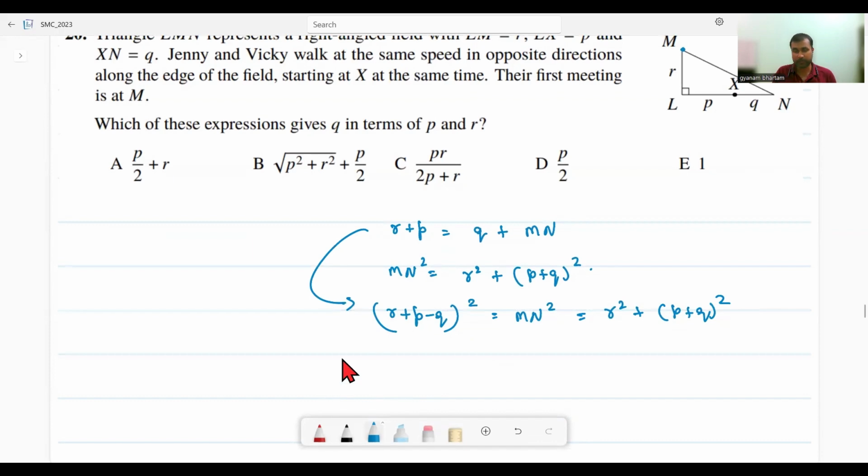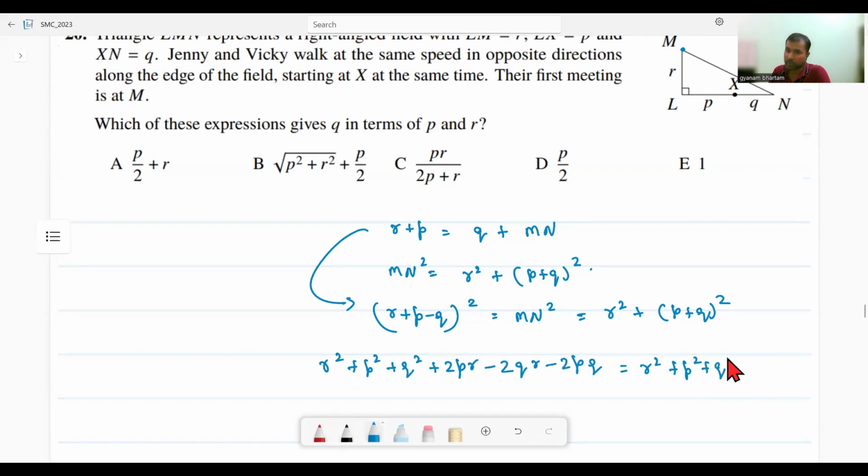Now expand everything. So we will have R square, P square, plus Q square plus 2PR. Take the combinations, so positive positive twice, then positive negative, so 2QR minus 2PQ. And on this side we have R square plus P square plus Q square plus 4PQ. All these terms cancel out.